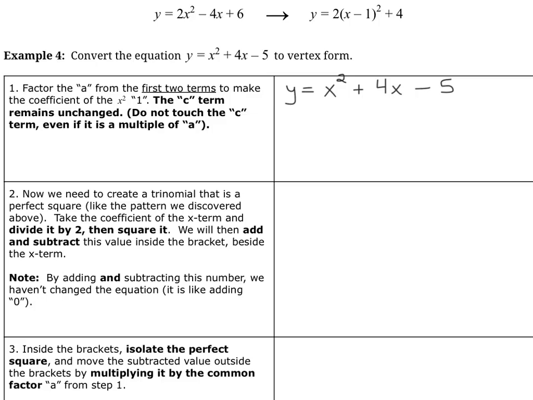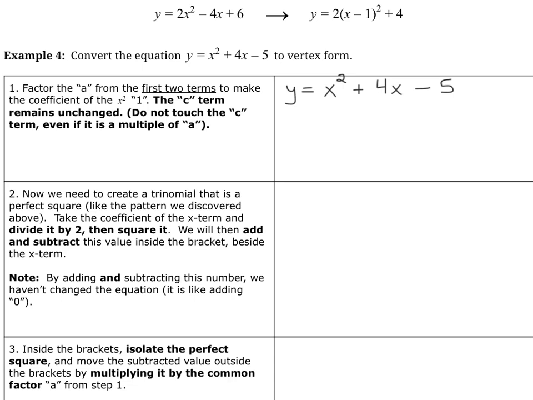So our first step is to factor your a value from the first two terms to make the coefficient of x squared 1. The c term remains unchanged. That means don't touch the c term, even if you know that it is a multiple or a common factor of your a value.